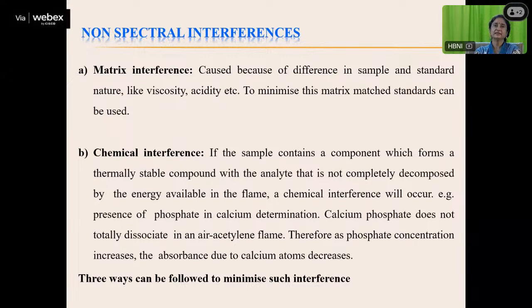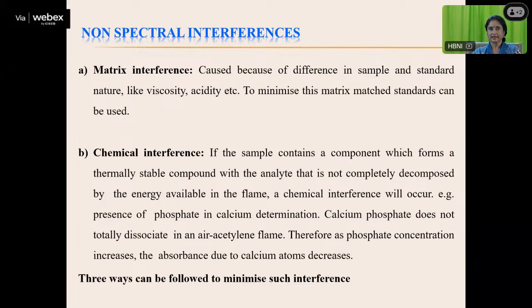What is matrix interference? This is caused because of differences in sample and standard nature, like viscosity and acidity. If there is a difference in viscosity, then during nebulization your standard may have a different rate of nebulization than your sample. Now, as you know, these instruments are comparative instruments.